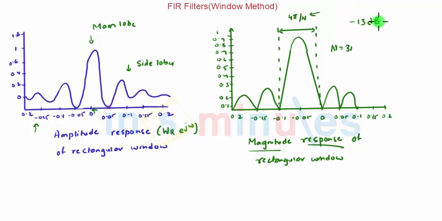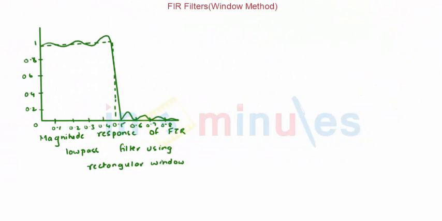Now practically, when the magnitude response and log magnitude response of a low pass filter are designed using the rectangular window, there are many changes. The filter response differs from the ideal response in several ways. We can see that this is the magnitude response of the FIR low pass filter using the rectangular window.